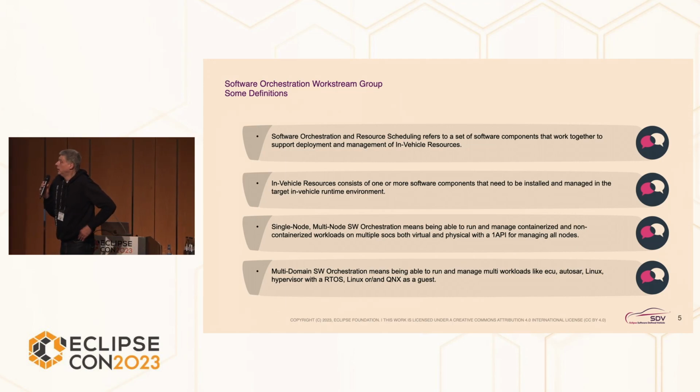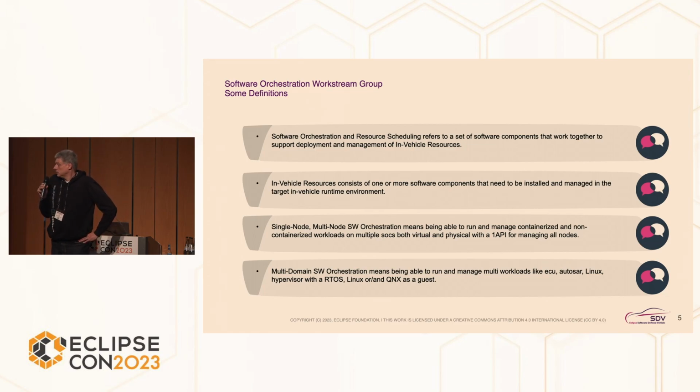The second point: these in-vehicle resources consist of one or more software components that need to be installed and managed in the target and in-vehicle runtime environment. Then we talk about single node, multi-node software orchestration. That means being able to run containerized workloads on multiple SoCs, both virtual and physical, and we have one API to manage them all.